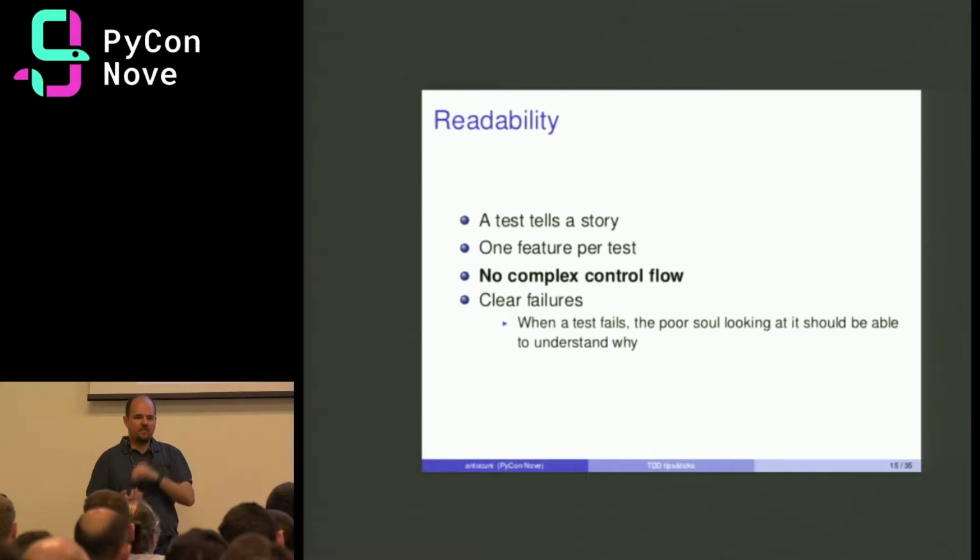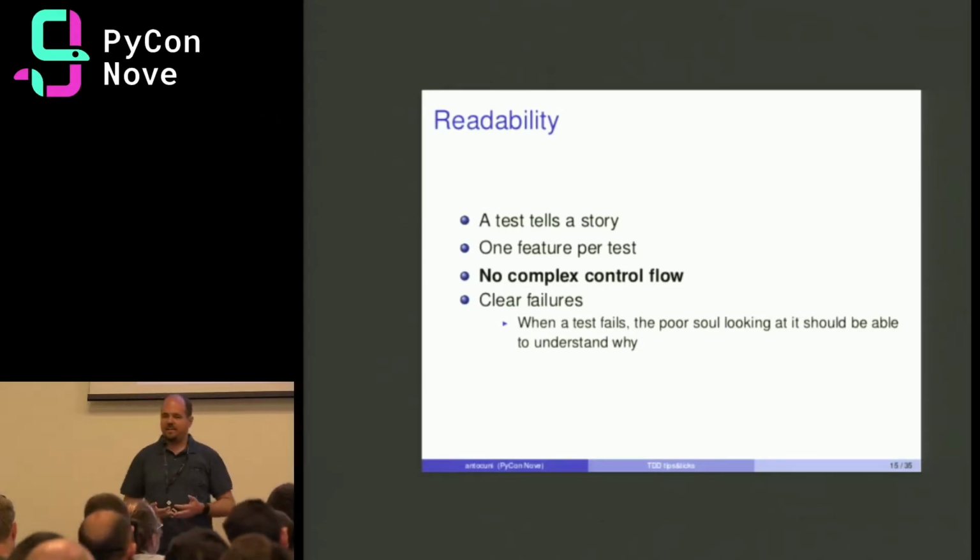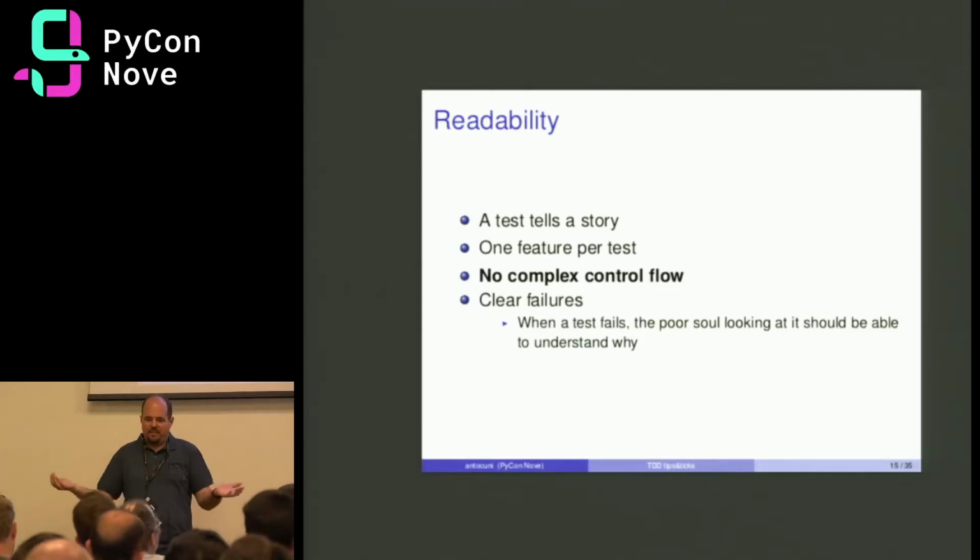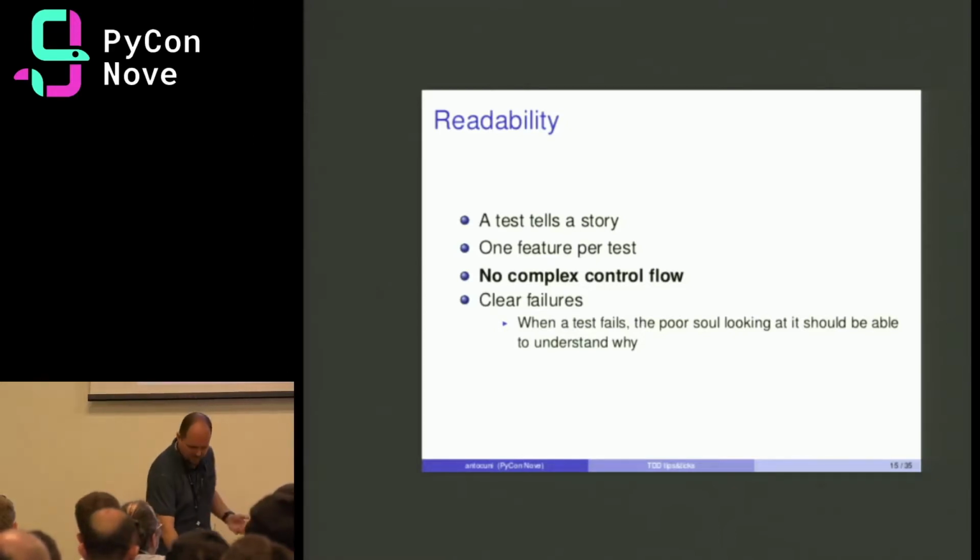And please avoid complex control flow inside the test. If the test is as complex as the code, then you cannot be sure that the test is correct. Maybe you have a bug in the test. And also, if the test fails, then when you have to debug the failure, you have no idea what's happening, because you don't understand either the test or the original code.